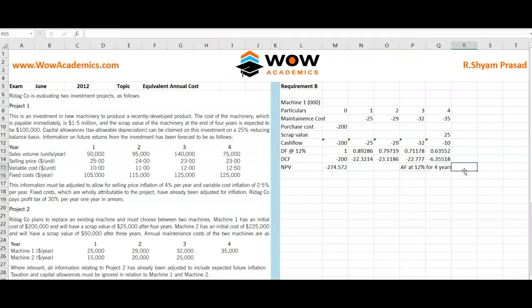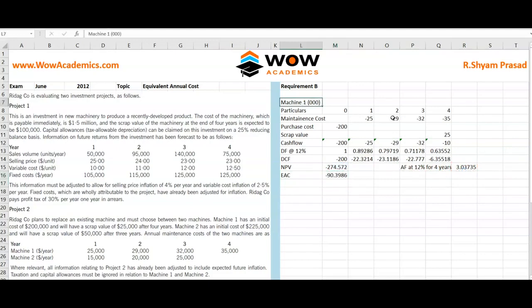So that number would be, take all the decimal calculations that you have made, don't take the 1 and close the bracket. So we got the number. Now we'll work out the EAC. The EAC will be NPV, this number, divided by the annuity factor number. So that will be the answer.